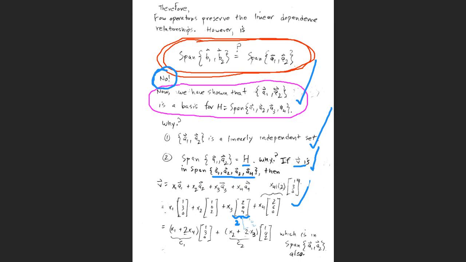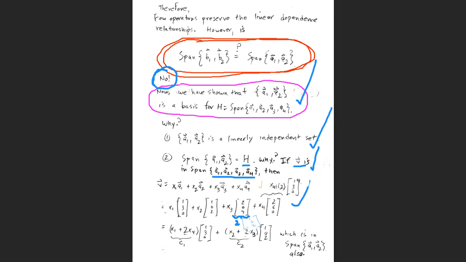Had to kind of get that in. But the point is, if you take a vector v that's in space h, it can be written as a linear combination of those four vectors, a1, a2, a3, and a4.